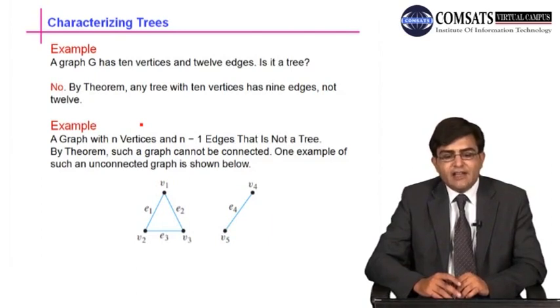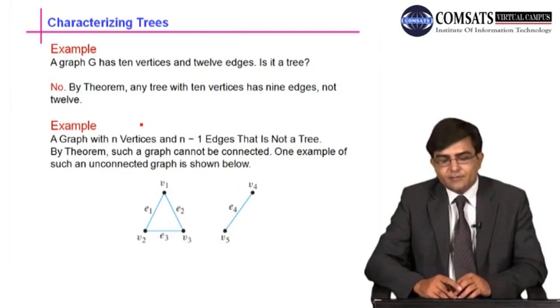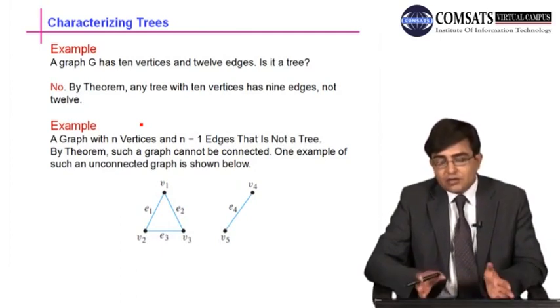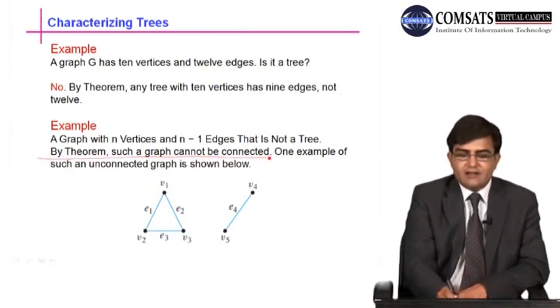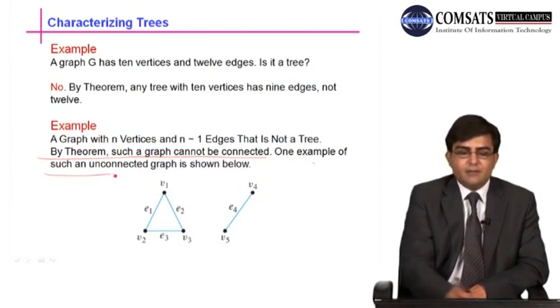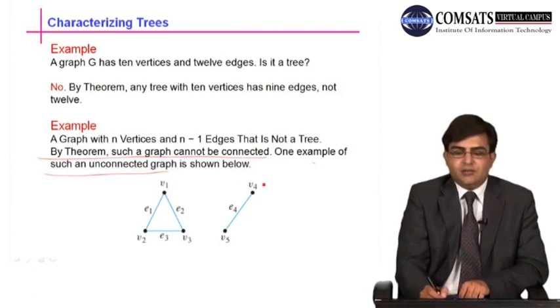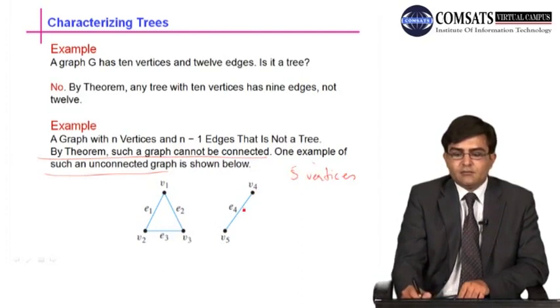Another example: a graph with n vertices and n minus 1 edges that is not a tree is basically a graph that is not connected. So by theorem, such a graph cannot be connected. One example of such an unconnected graph is shown here, because it has 1, 2, 3, 4, 5 vertices and 1, 2, 3, 4 edges.